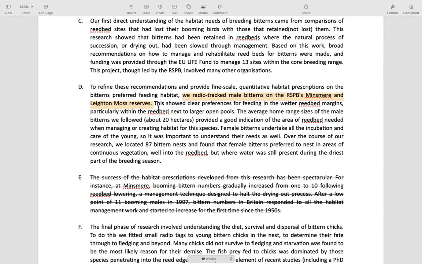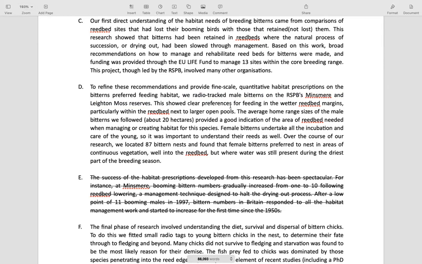So now what did they find from this research? Tell me. Go ahead, Kritika. This showed that they prefer feeding in the better reed bed margins. Okay, so what did this research show?